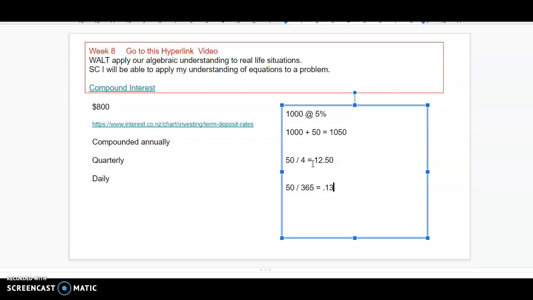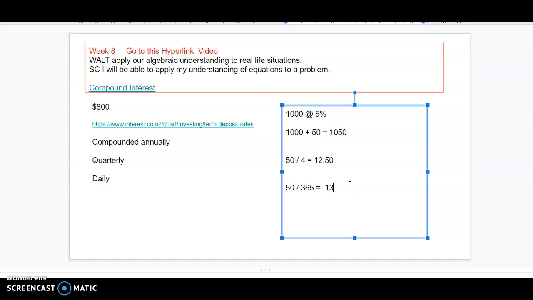That's an even longer calculation. There's an algebraic equation that will help you work it out. While that question looked really easy to start with, you're going to have to come up with the algebraic equation. This one's easy, this one's a bit harder, and this one's even harder if you do it day by day. If you can work out the algebraic equation, you'll be able to work it out quite simply.